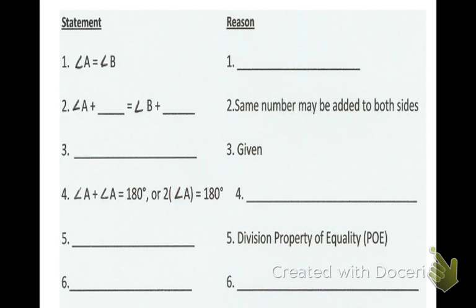Let's fill in this proof. How do I know that A equals B? A equals B and A is congruent to B, equals and congruent are interchangeable. How can I justify that statement that angle A equals angle B?